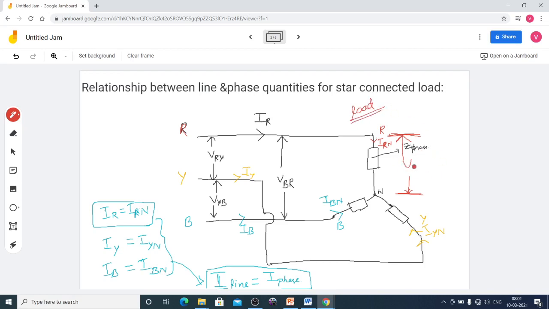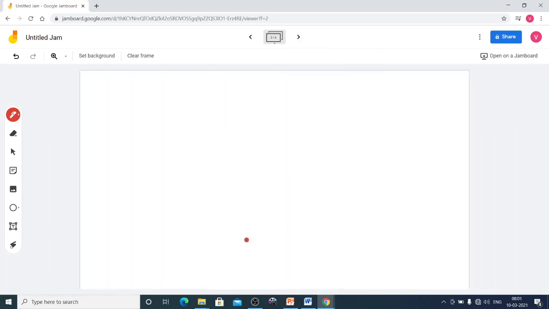So VRN is the phase voltage. The voltage across the Y phase is VYN. In the B phase, the voltage drop across Z is VBN. So move on to the next slide.